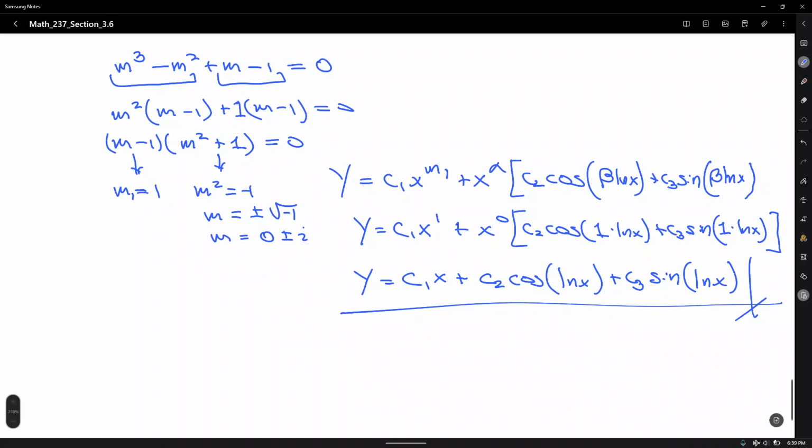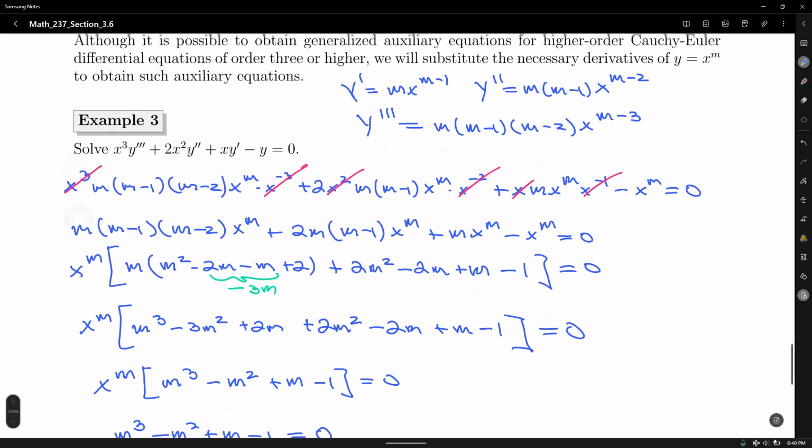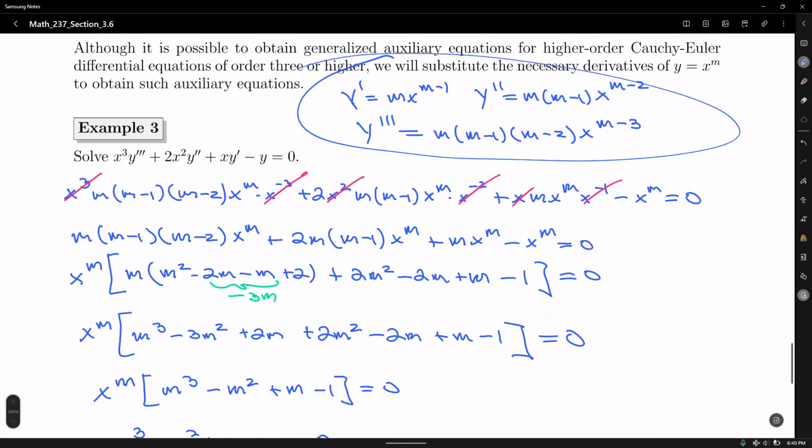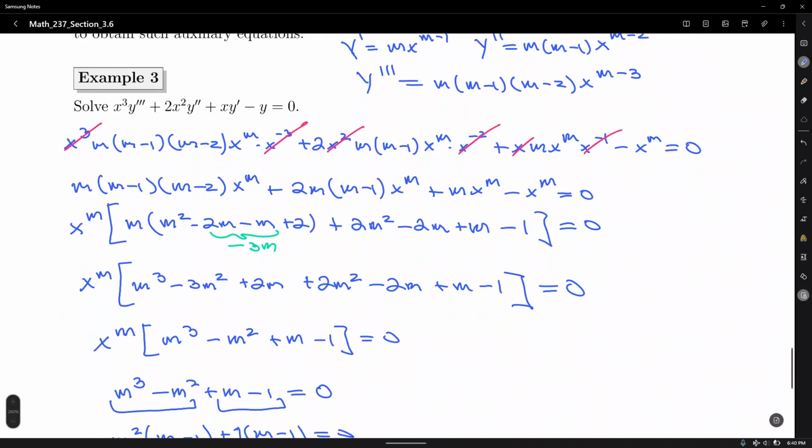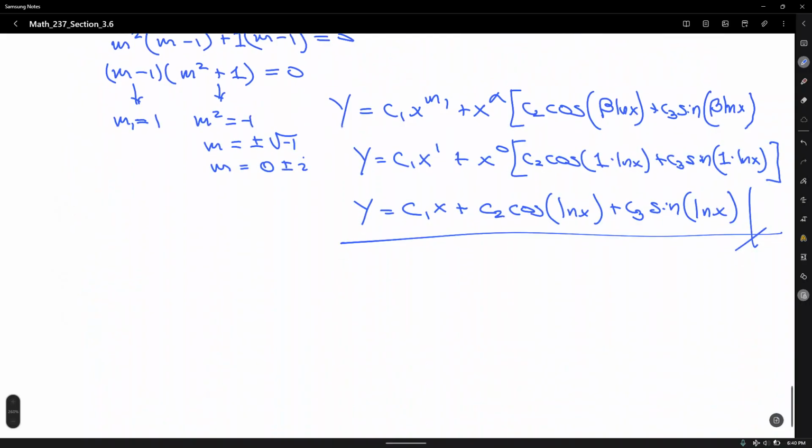All right guys, of course, what if we were to solve a fourth order differential equation, a fifth order differential equation, or maybe another third order differential equation? It might be tedious to keep doing all the substitution of the derivatives of x to the m. Let me just write down the generic third order differential equation: a x cubed y triple prime plus b x squared y double prime plus c x y prime plus d y equals 0.